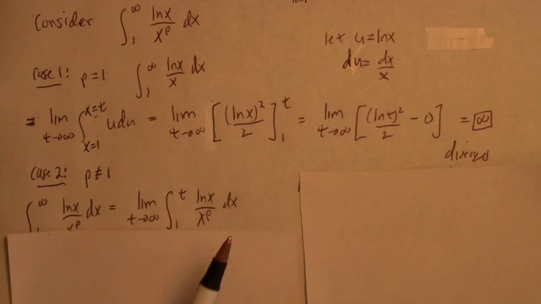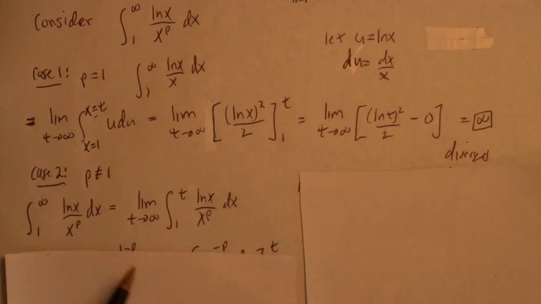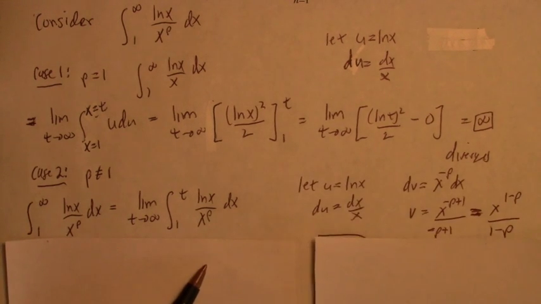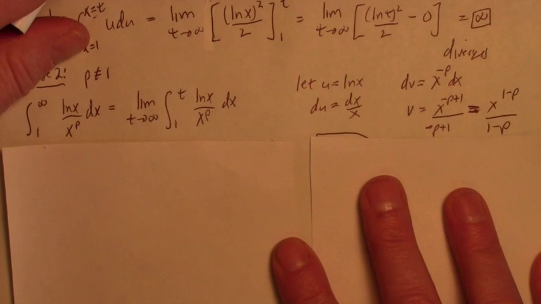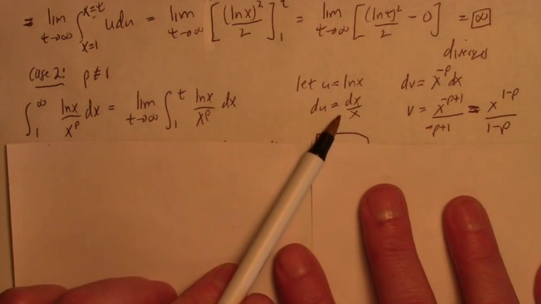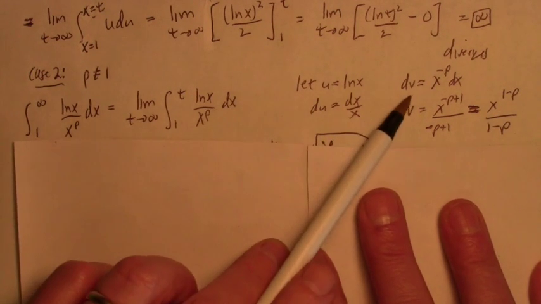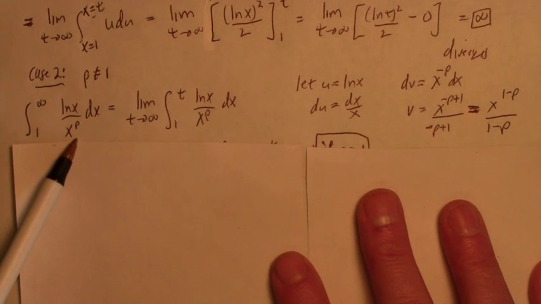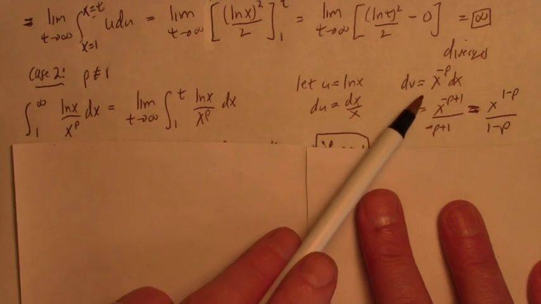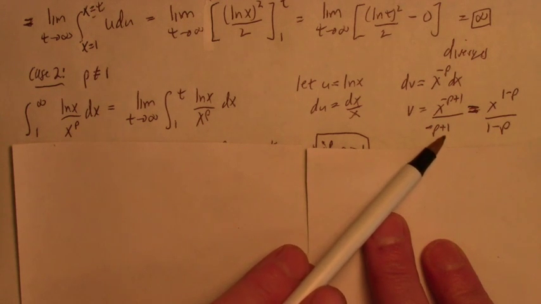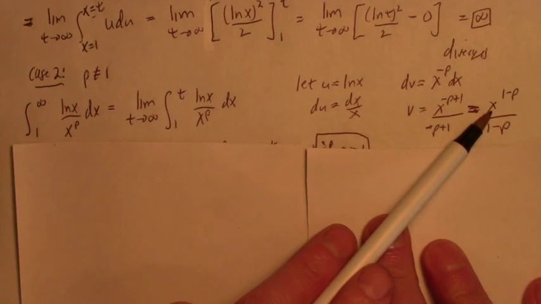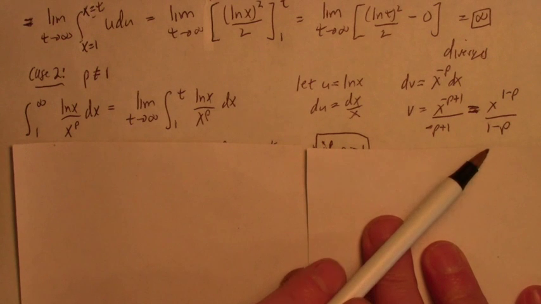Now this one is a little more complicated, because if p does not equal 1, you use integration by parts. You're going to let u equal ln of x. Then du is dx over x, and dv would be x to the negative p dx. If you integrate this, v is x to the negative p plus 1 over negative p plus 1, which is the same thing as x to the 1 minus p over 1 minus p.